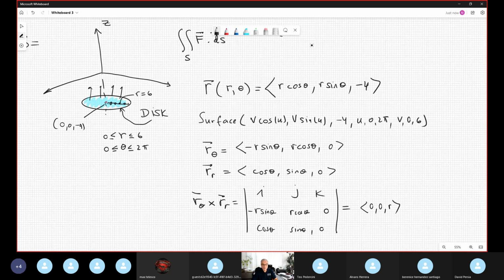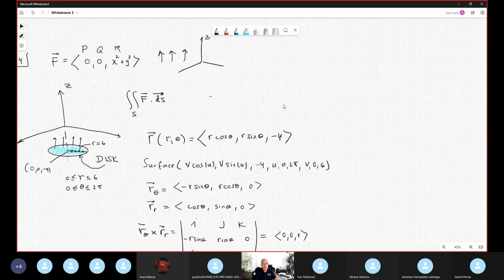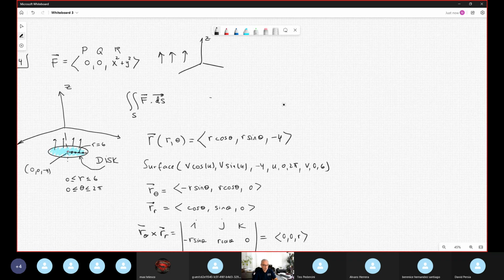Okay, now our vector field is this. Remember, right? Our vector field is expressed as a function of the new variables, that are not x, y anymore. No, it's r and theta.